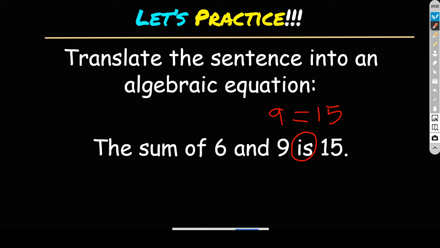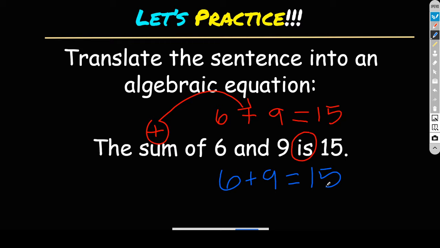But what about sum? Sum has to do with a plus. The sum of what? 6 and 9. That's where the plus comes from. So when I rewrite this equation, it should look like this: 6 plus 9 is, or equal to, 15. The sum of 6 and 9 is 15.